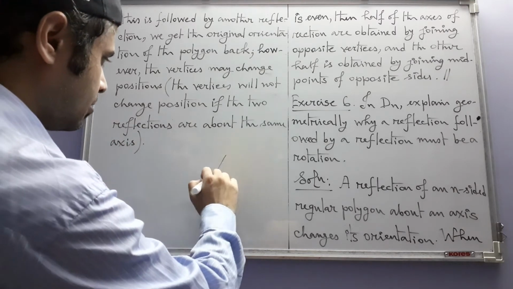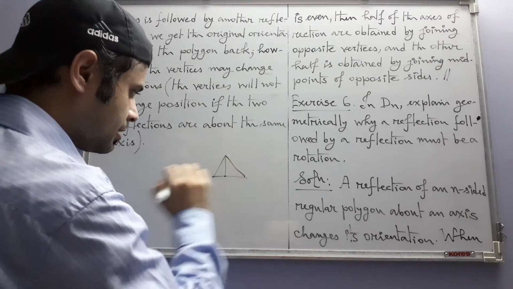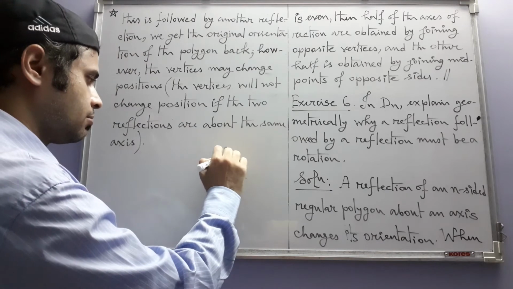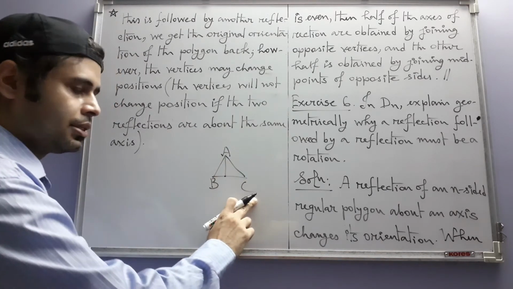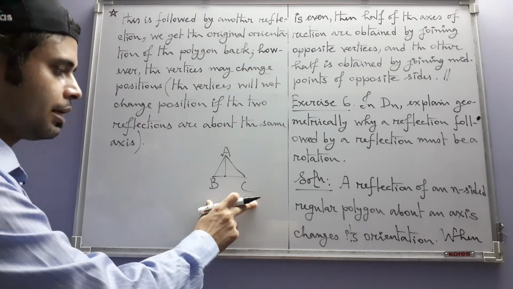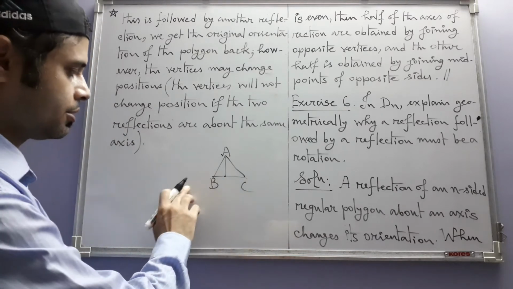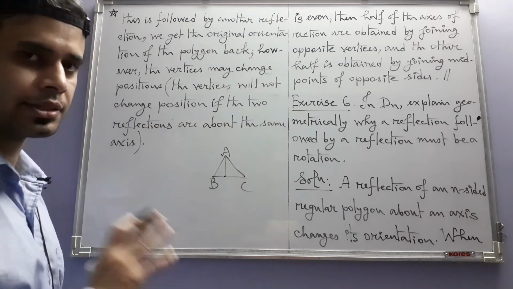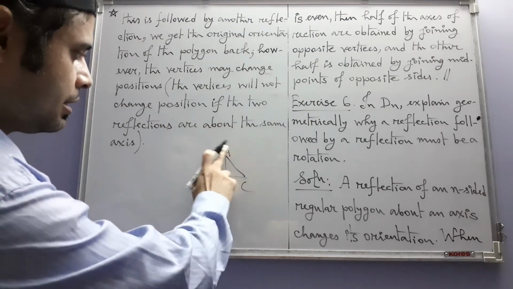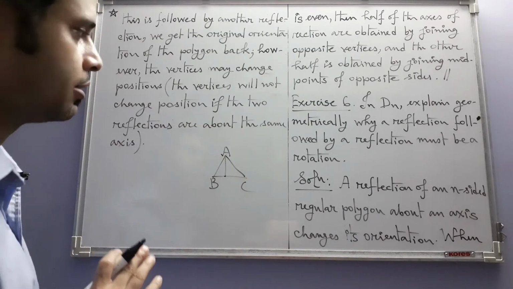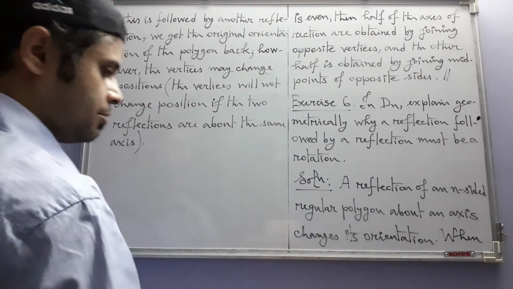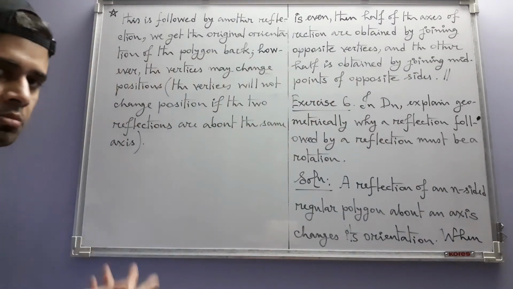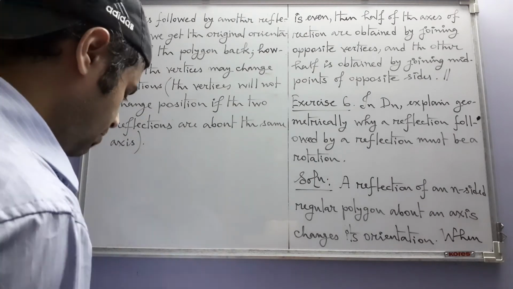Yeah, if you are using the same axis to reflect the triangle, then first B and C will interchange their positions and then again they will interchange their positions, so you will get back the exact same arrangement of even the vertices, not just the orientation. But in general the vertices will change positions, but the orientation we will get it back.